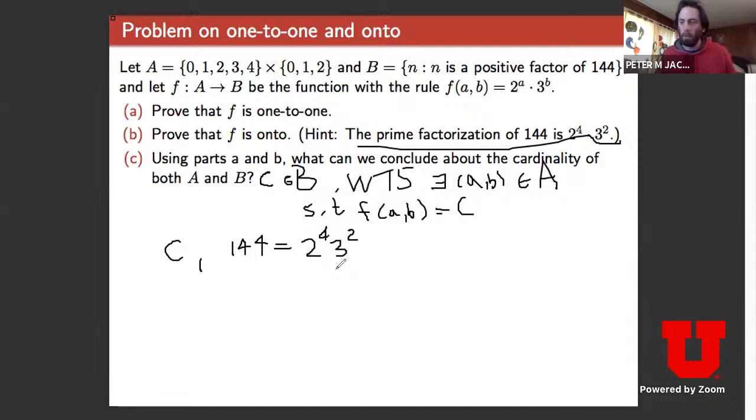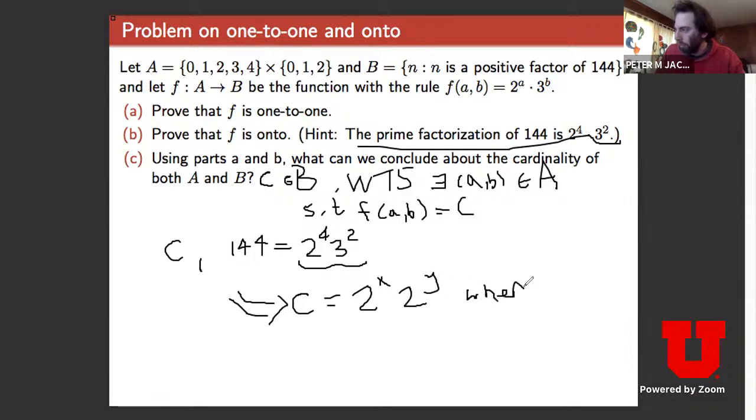So we're going to have to use another fact from, I guess, elementary number theory: because 144 has this prime factorization and c is a positive factor of 144, this together implies, and this is a number theory result that we're using, that c is equal to 2 to the x times 3 to the y, where y is a factor of 3, and c is a positive factor of 144, which has a 3 squared.